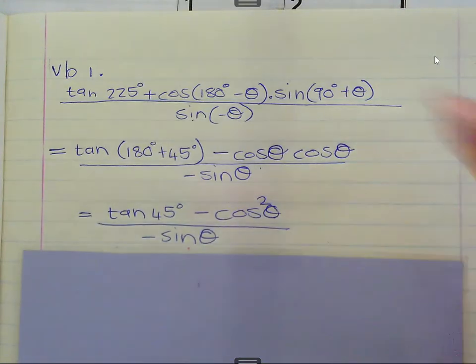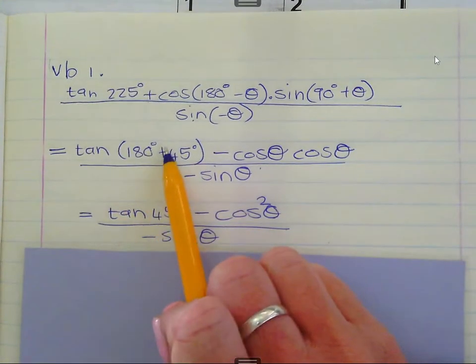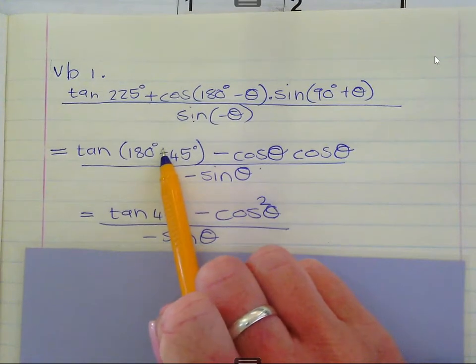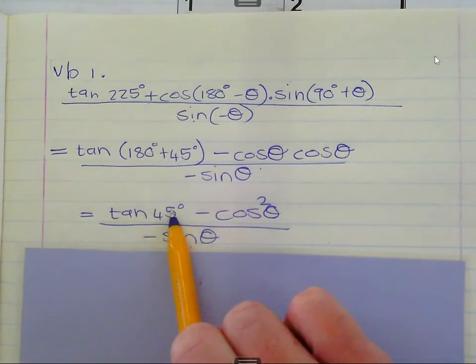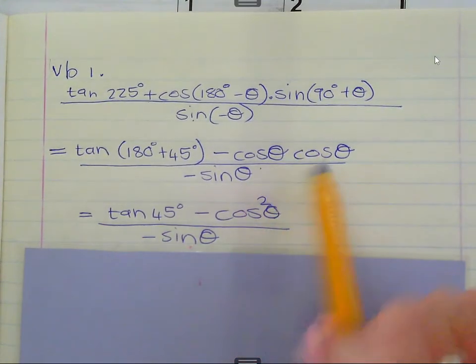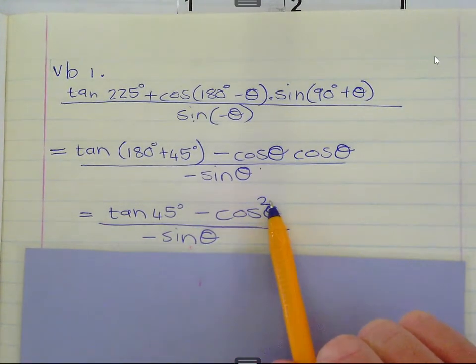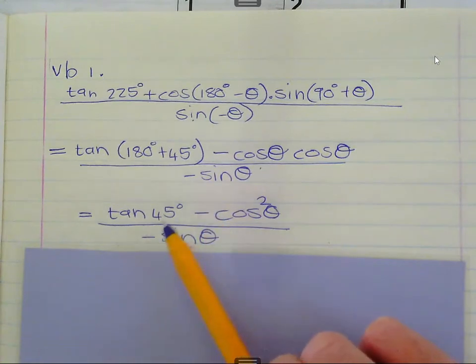Now in the next step, I said that 180 plus is in the third quadrant. What is tan in the third? Positive. So it's positive tan 45. Cos times cos is cos squared. So it's tan 45 minus cos squared over negative sin theta.